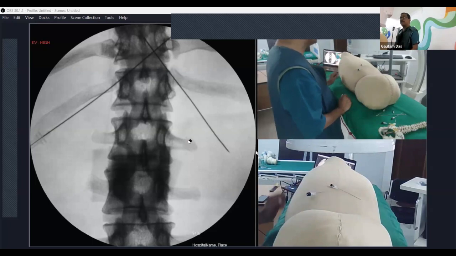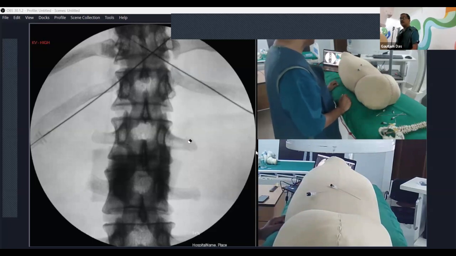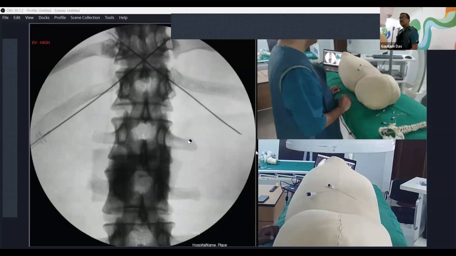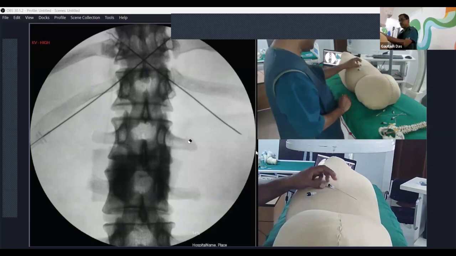So the Kapis approach is bilateral, one from the right, one from the left, because we are not crossing the aorta. So we are far away from the aorta.